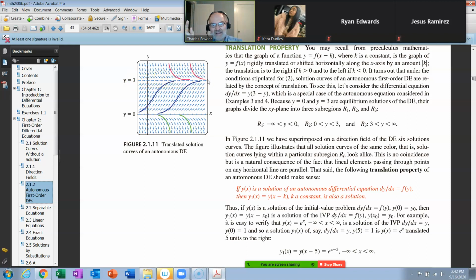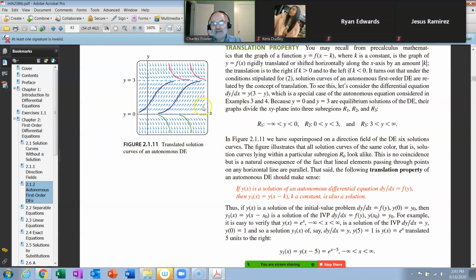Now, if y is less than 0, so y is negative, then 3 minus a negative number is 3 plus a number, so that part would be positive, but y being negative means everything less than 0 is going to be negative. And sure enough, all these slopes are heading downhill here.